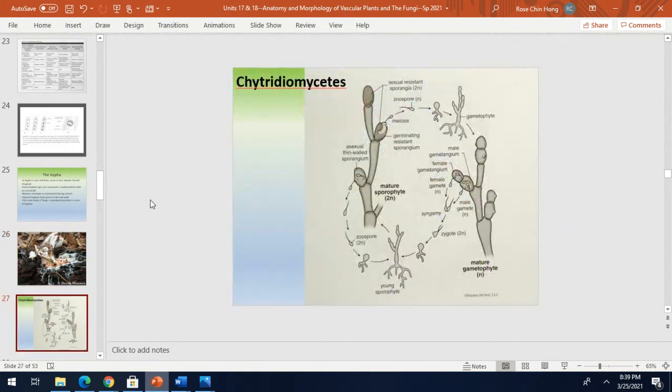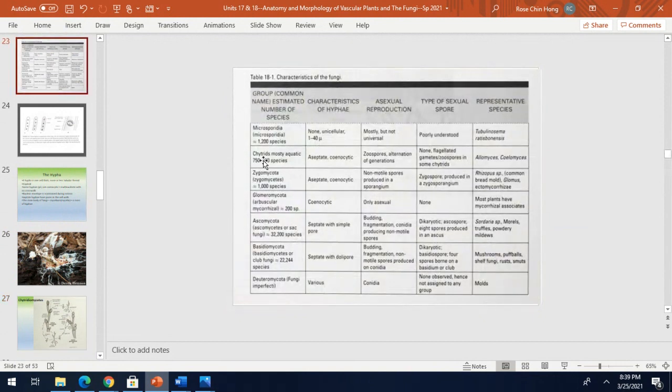All right, so let us look at the chytridiomycetes. Here we can see the life cycle of the chytridiomycetes. And let us look at the characteristics of chytrids. They're aseptate, which means they have no septum. They have 750 to 760 species so far, and they're mostly aquatic.